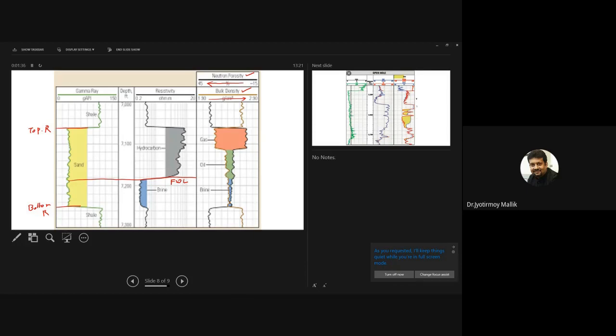Now let us see the very top part. At the very top part of the hydrocarbon column, the bulk density becomes lower, and the neutron porosity also becomes lower.